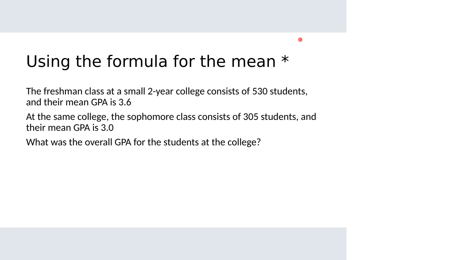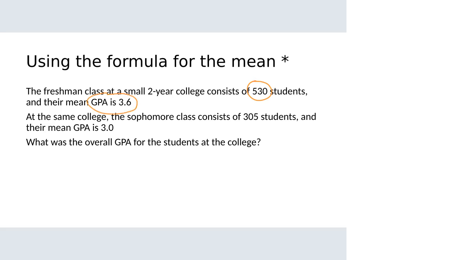So we read through it. Freshman class consists of 530 students, and their mean GPA is 3.6. Sophomore class is 305 students, and their mean GPA is 3.0. What's the overall GPA? You might not first think frequency table here, but I think what helps us do that is the idea that we have a whole bunch of data points that are the same as each other.